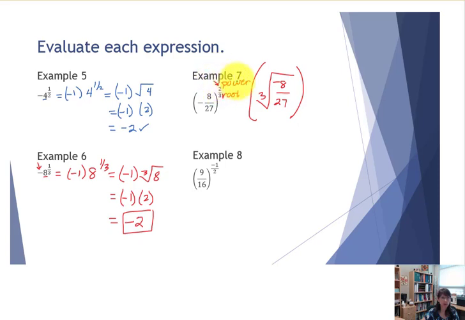Remember, that was the positive 2. So I want to work with the cube root first before I raise to the power. Since we have a fraction, you might be thinking about the quotient rule. We could break this apart as the cube root of negative 8 divided by the cube root of 27, and then we can raise to power of 2. So the cube root of negative 8 simply means there must be some base that is negative that can be multiplied by itself 3 times.